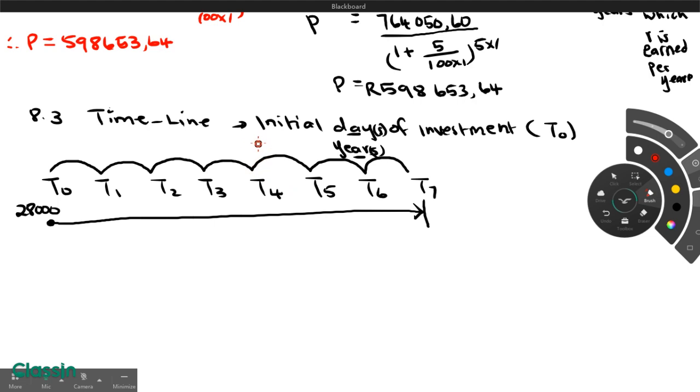So around our 4th year, after 4 years, there was a change. So from here until here, the interest rate was 7.5%. And then from here until there, the rate changed to 11%.